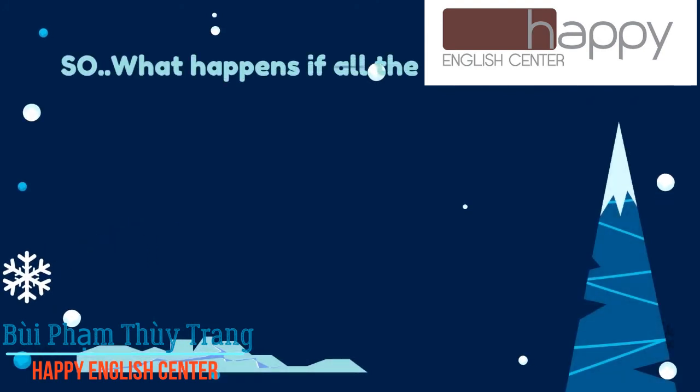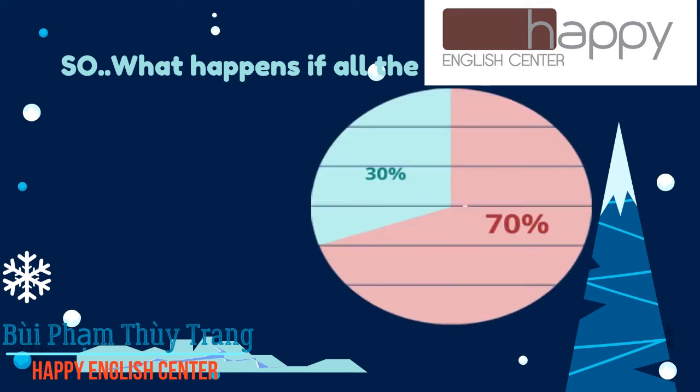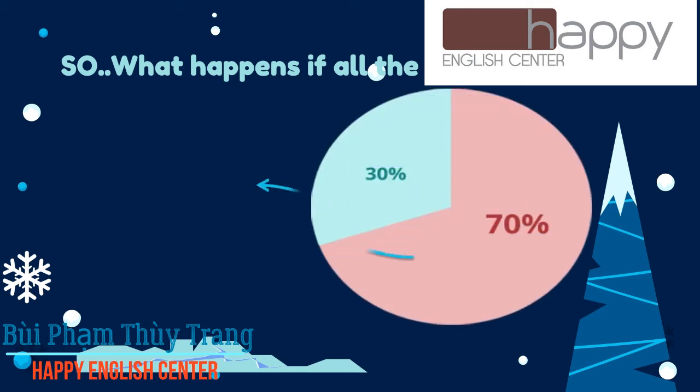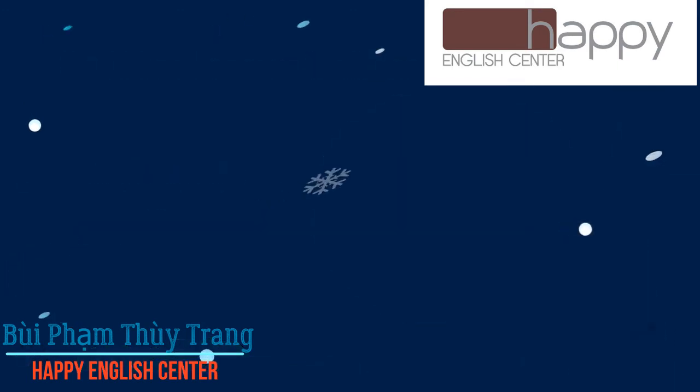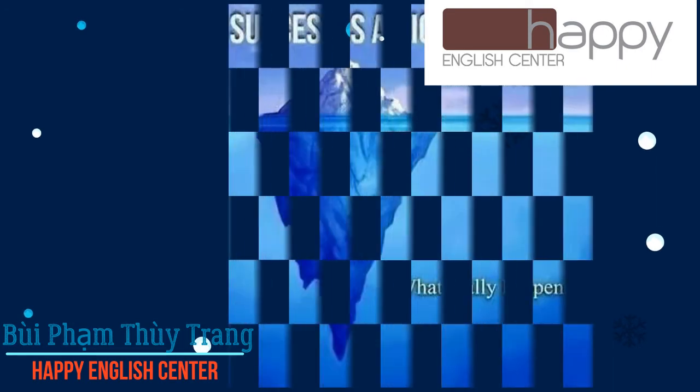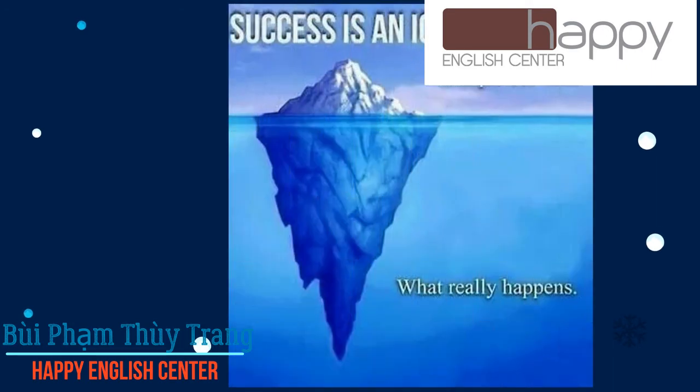So what happens if all the glaciers melt? About 70% of all the world's fresh water is in glaciers. And now you can see a tiny bit of an iceberg above the water.